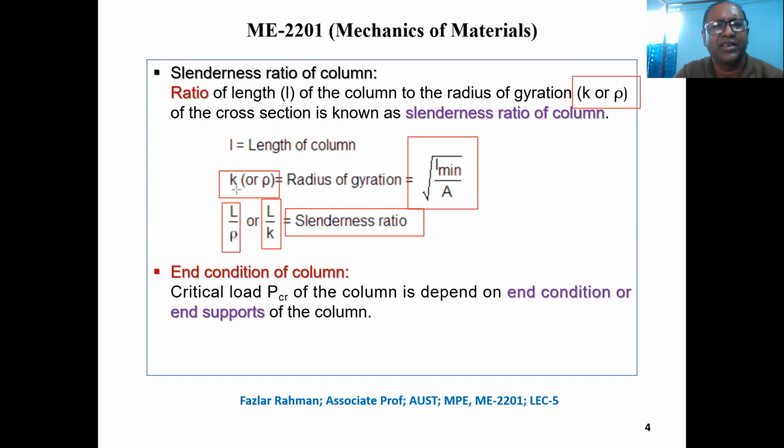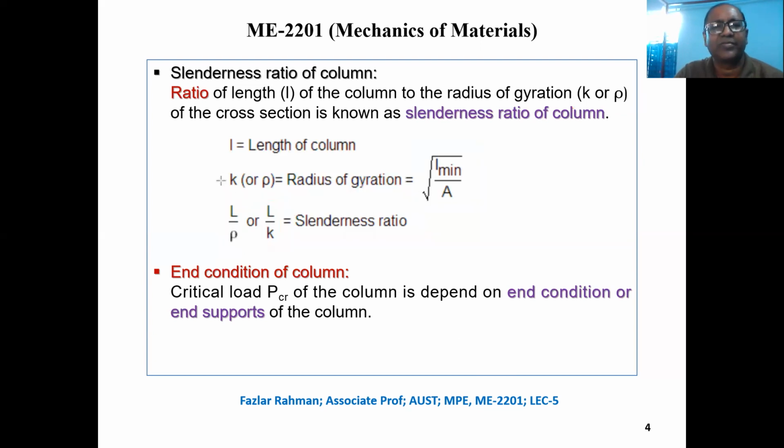You see, if this L by K is higher, it means the column is slim, or we can call the column long. How? If the K value is low, then you get a high slenderness ratio, right?